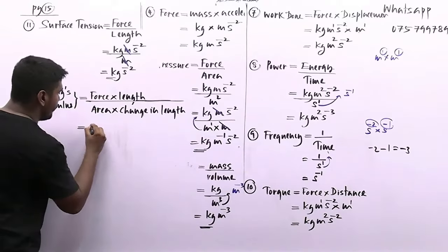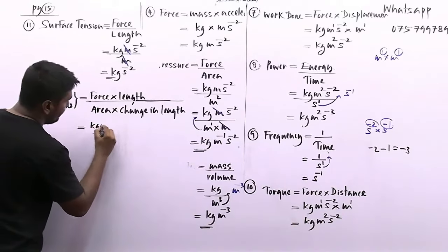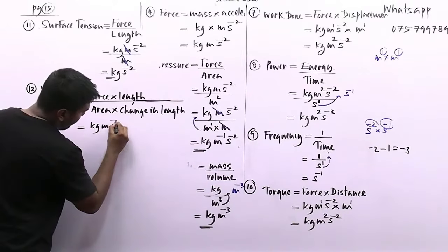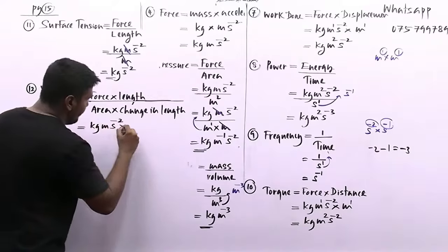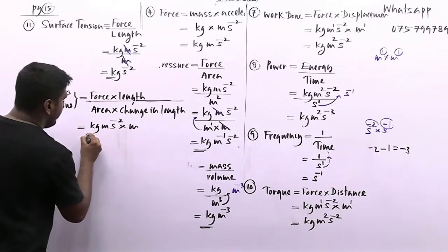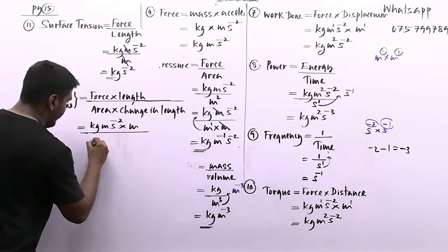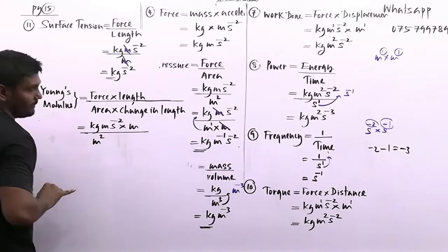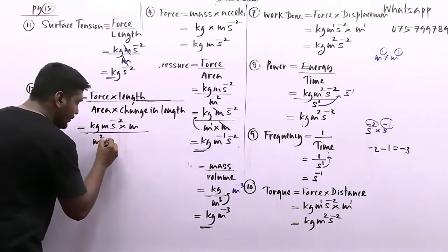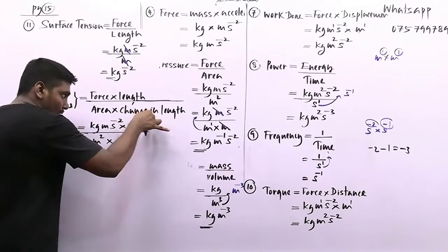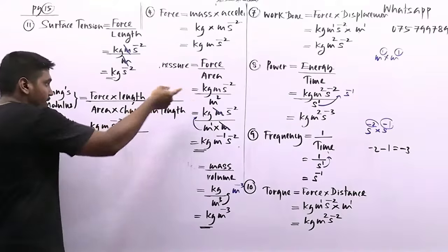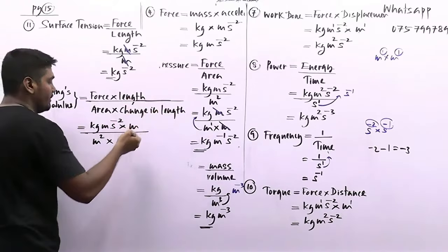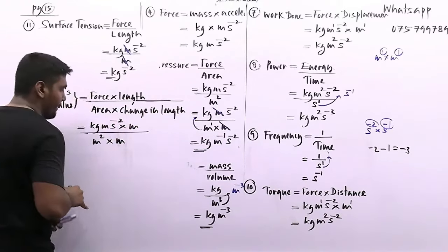We can learn it by heart: kg m s to the power minus 2 is the SI unit of force, into length measured in meters, over area, meter squared, into change in length. Change in length is also a length. Therefore, the unit of change in length is also meter.